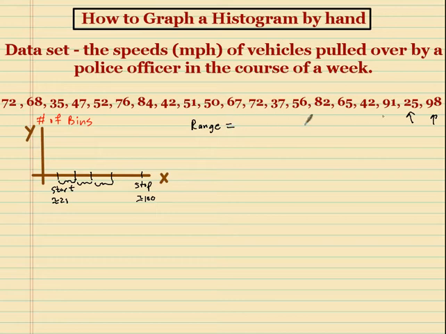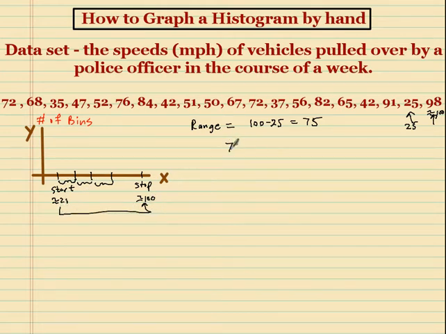Pick a number just above the highest point, and since it falls on 25, 25 is fine. So we'll say 100 minus 25. That's our range, from the start all the way to the stop.